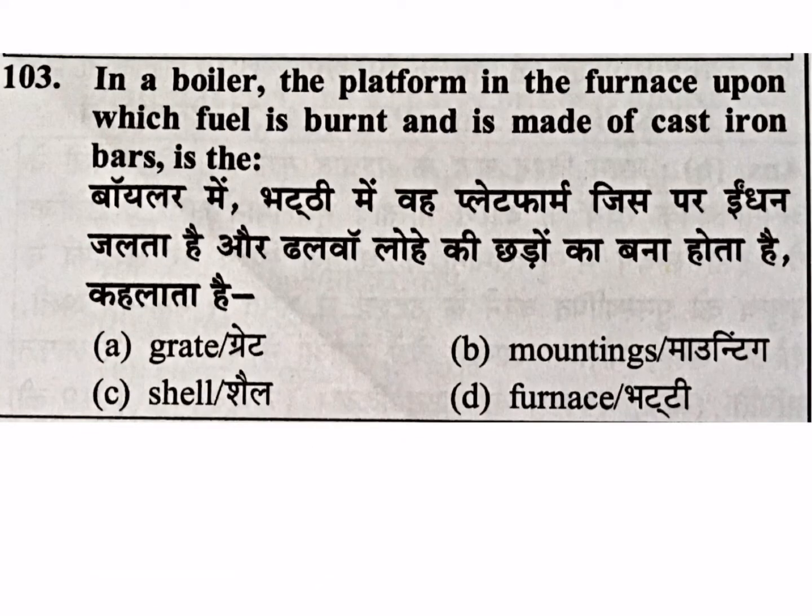Question number 103. In a boiler, the platform in the furnace upon which fuel is burnt and is made of cast iron bars is dash. Platform in the furnace upon which fuel is burned. So I am drawing the boiler schematic diagram. It will come like this.